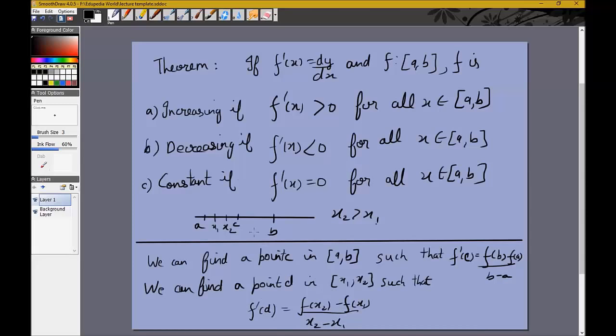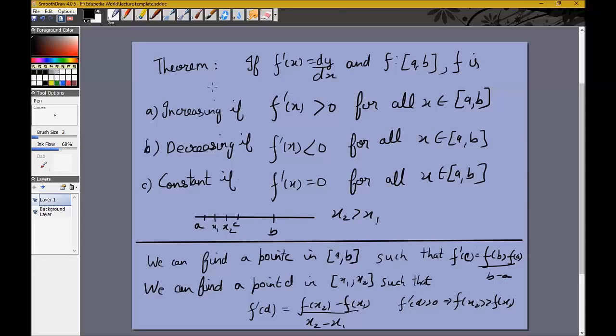This is true for all points x1 and x2, right? Now, between a and b, if f dash x is always positive, that means f dash d is positive. And since x2 is greater than x1, that means f of x2 is greater than f of x1. F dash of d greater than 0 implies f of x2 is greater than f of x1, which means it is an increasing function.